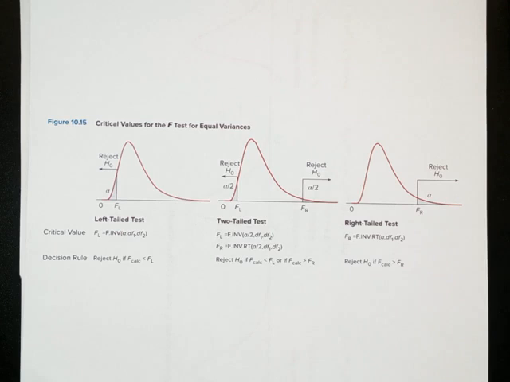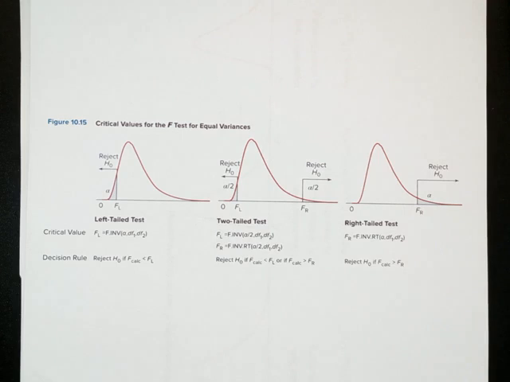This is the F distribution. And again, I am 100% not going to expect you to draw this picture. But like with the normal distribution, picturing am I in the shaded area on the left or on the right is easy.